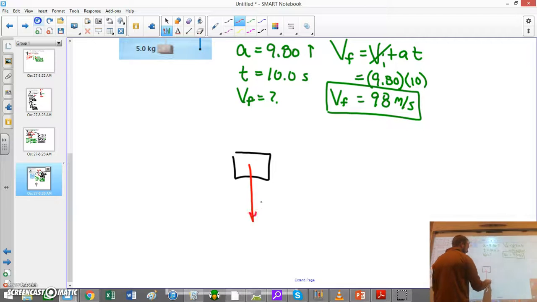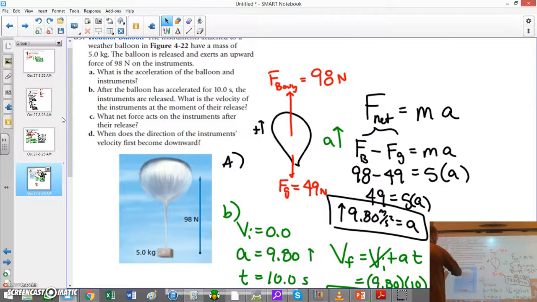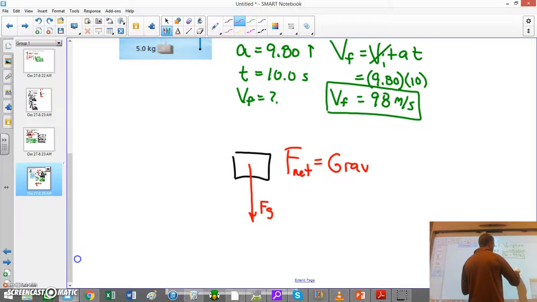So the only force acting on them is gravity. So part C says, what net force acts on the instruments? The net force is gravity, and it is 49 newtons down.